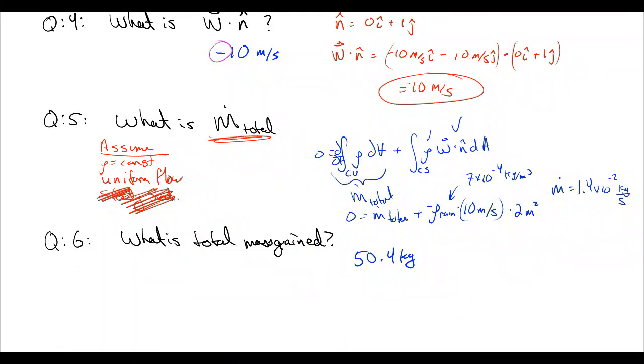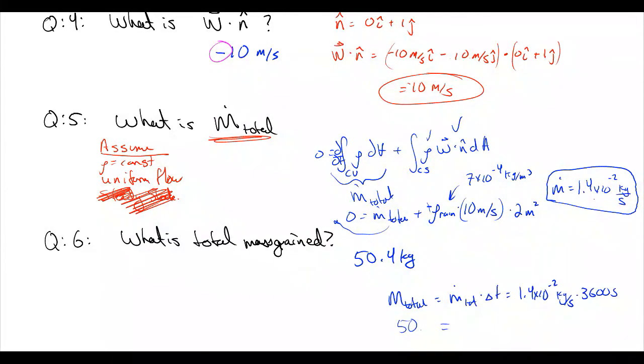It makes sense. The rate of accumulation is not that great. So if we're driving around for an hour, what is our total amount of mass accumulated? Well, m dot is a constant, so our M total is just equal to m dot total times delta T, which is equal to 1.4 times 10 to the negative 2 kilograms per second times 3,600 seconds, which gives us apparently 50.4 kilograms.